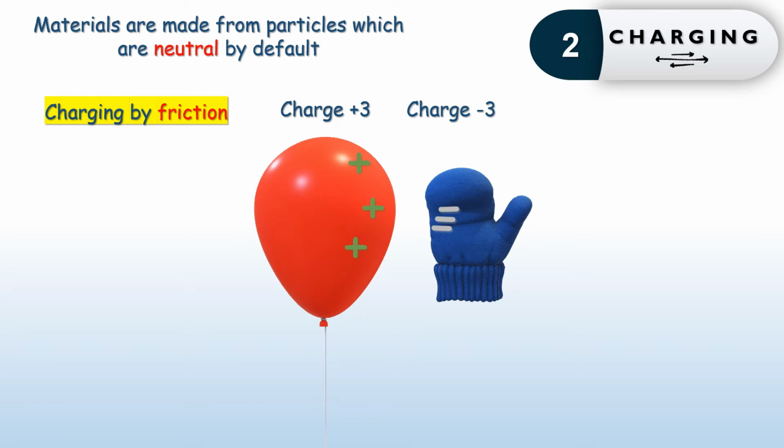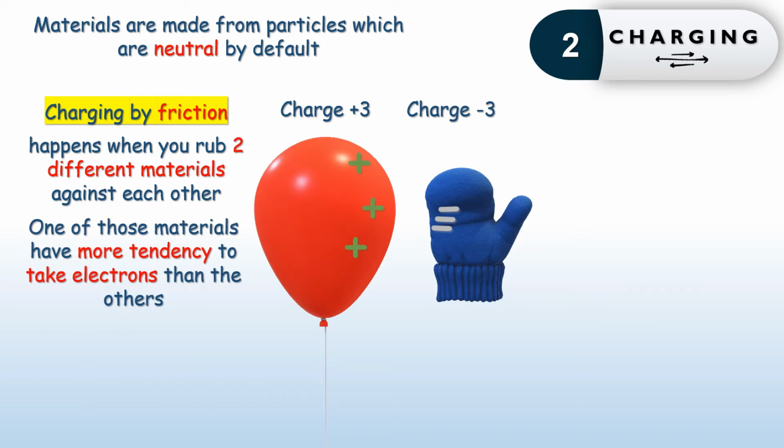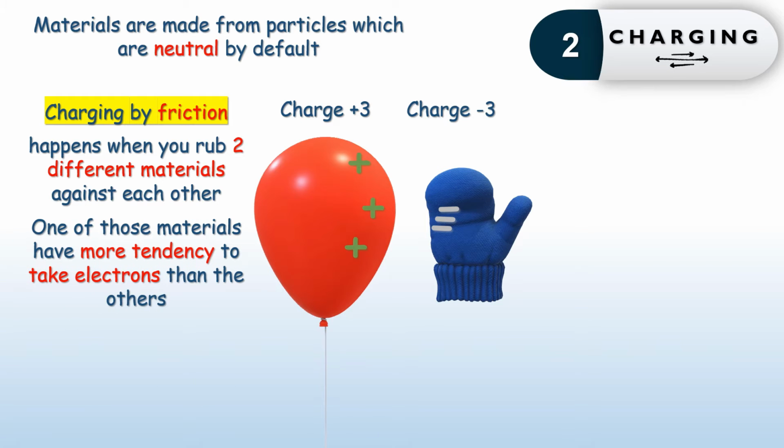The friction between those 2 materials that occurred during rubbing caused some electrons to transfer from one object to another. And this happens because one of those materials has more tendency to accept electrons than the other. In this case, the winter glove has more tendency to accept electrons.